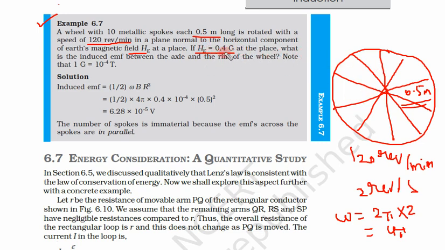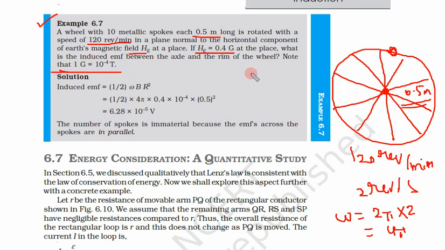What is the induced EMF between the axle and the rim of the wheel? So again we have to calculate the EMF between the axle and the rim. Note that G is equal to 10 to power minus 4 Tesla.